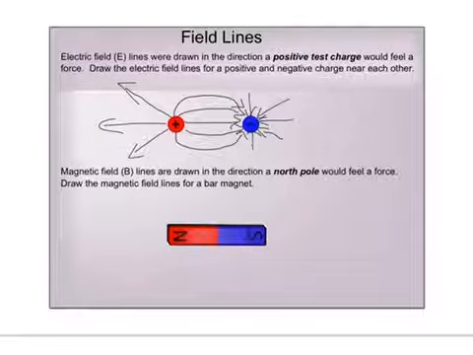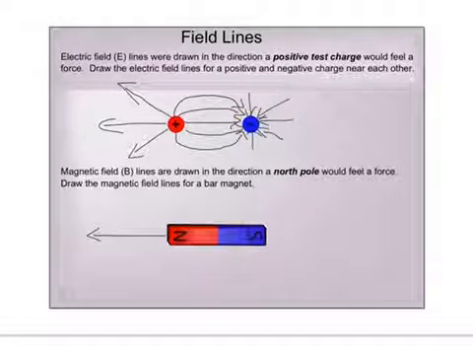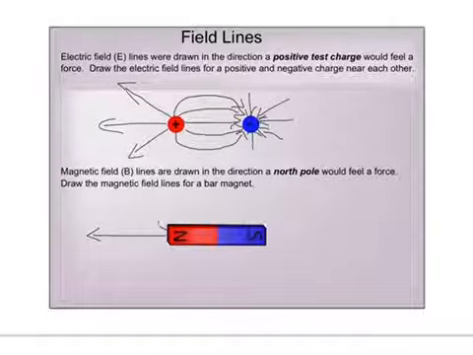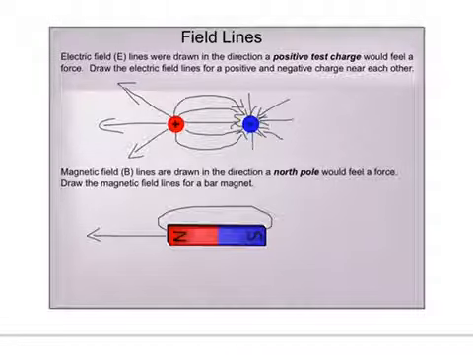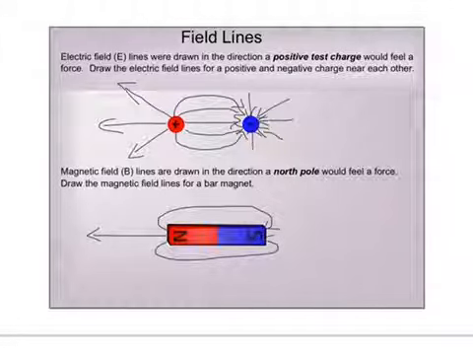They're lines that are drawn in the direction a north pole would feel a force. So very, very similar is from a north pole, you're going to feel repulsion. If you bring a north pole near a north pole, if you actually did this with two bar magnets, you would physically feel that repulsive force. But because the north and south poles are connected on a bar magnet, where they're going to look a little different is they'll actually connect like this.